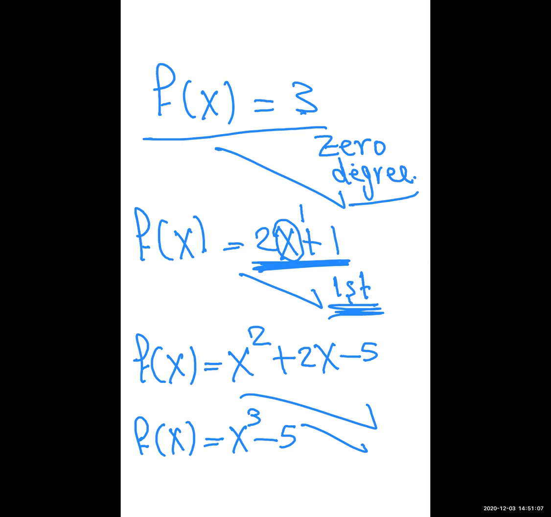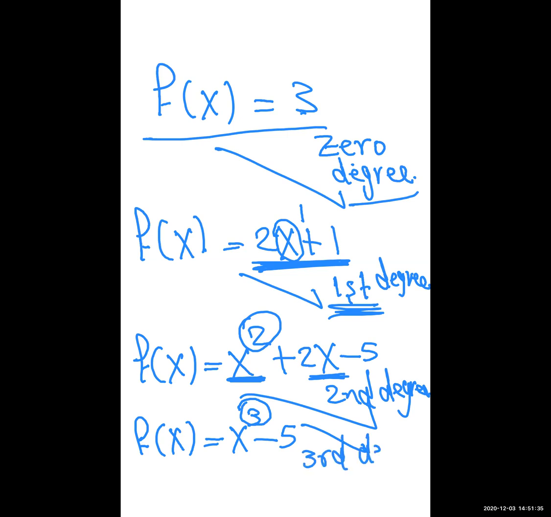If the algebraic term is x at the power of 1, first degree. Now there is x and x squared, the highest index is 2, so second degree. Here the highest power is x to the power 3, so third degree.